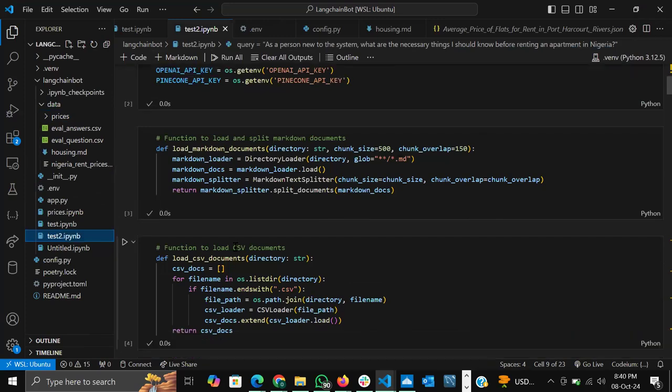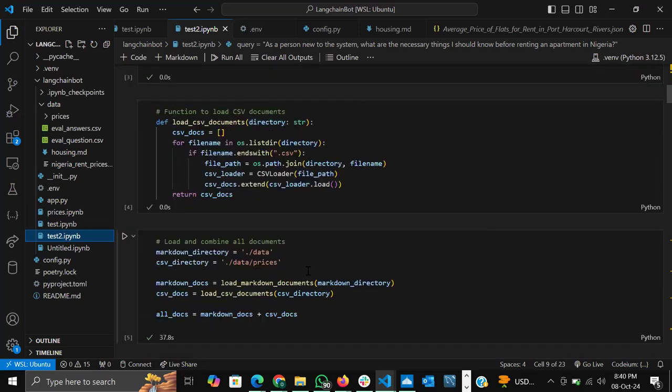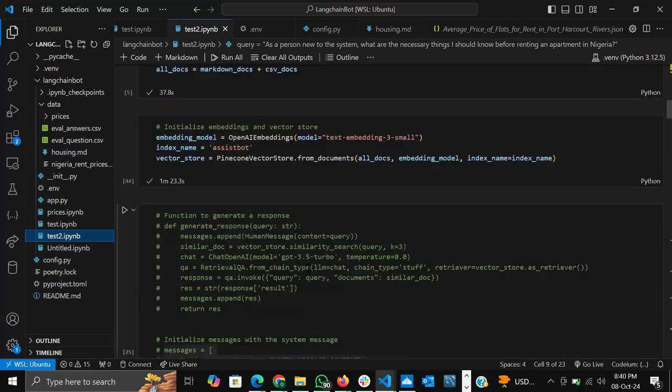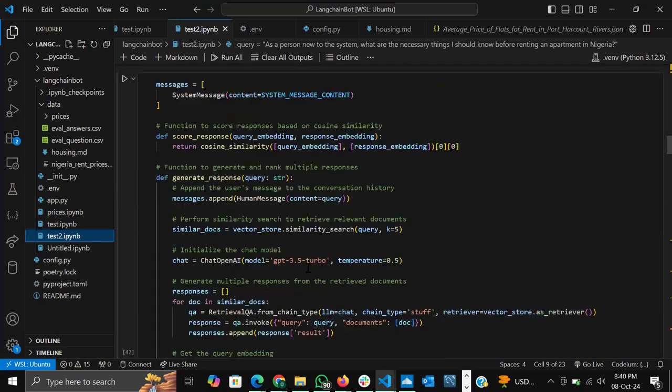So here, the first thing I did was to get my data fed into the RAG system, load it, and then I used Pinecone, like I said, to store my vectors. And then I had to start testing the RAG to see how well it answers questions based on what it has in the database.